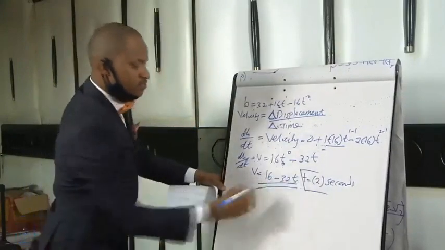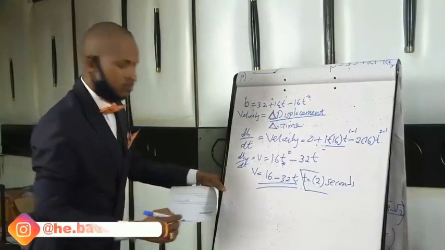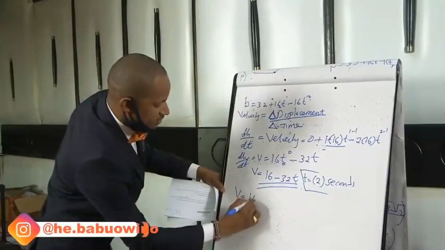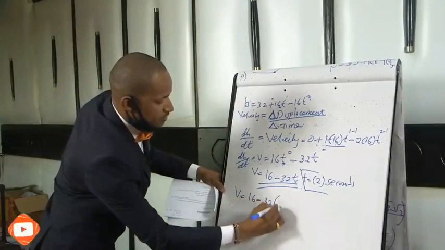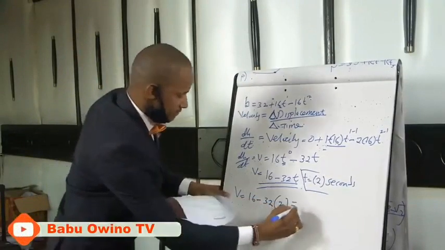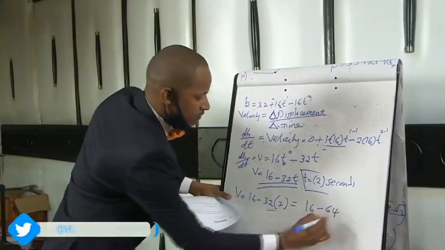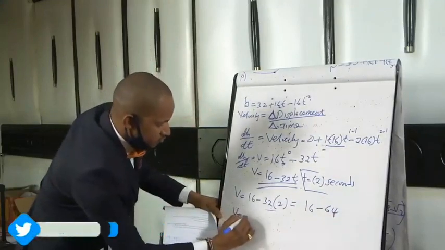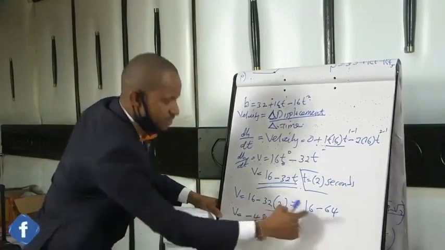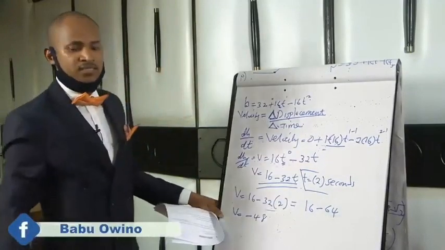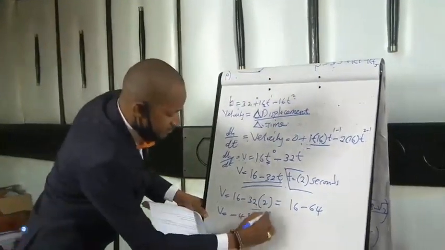Where there is t, you replace with 2. Therefore, velocity is equal to 16 minus 32 times 2. You get 16 minus 64. So velocity is equal to minus 48. 16 minus 64 is minus 48 meters per second.